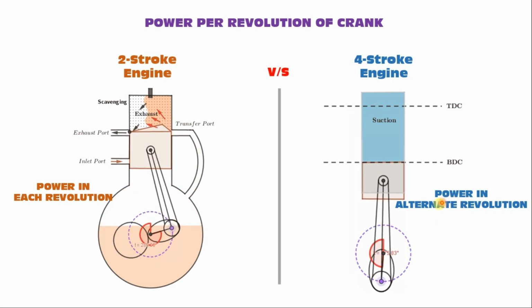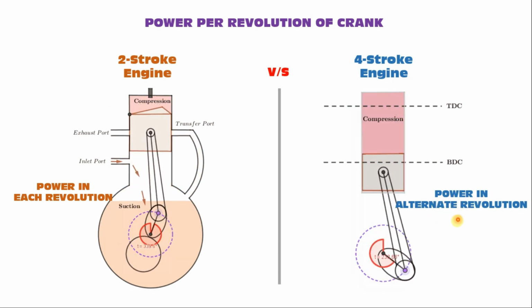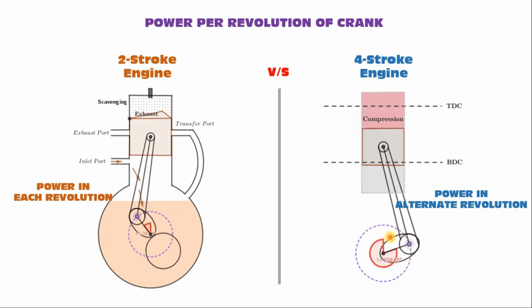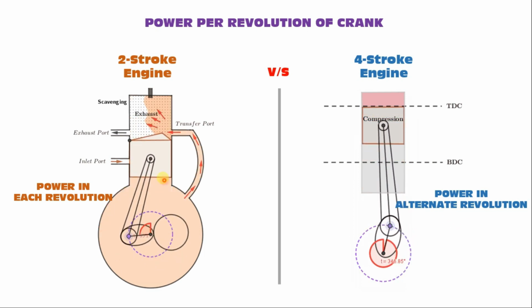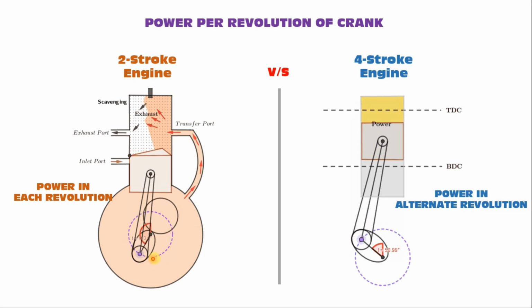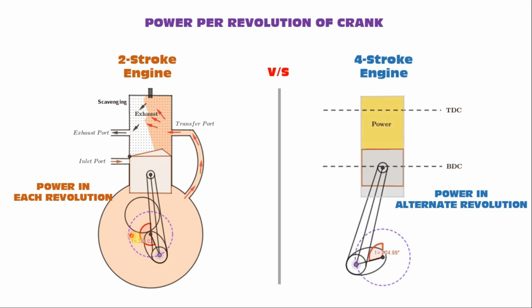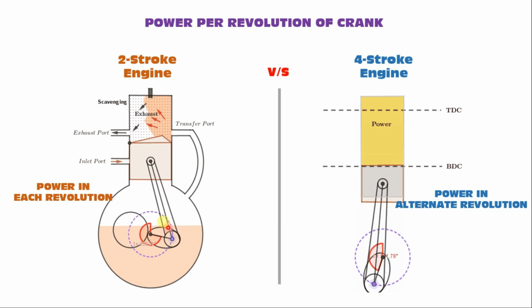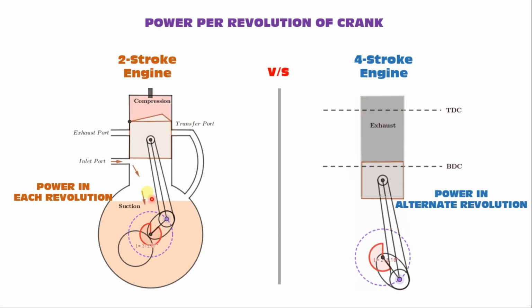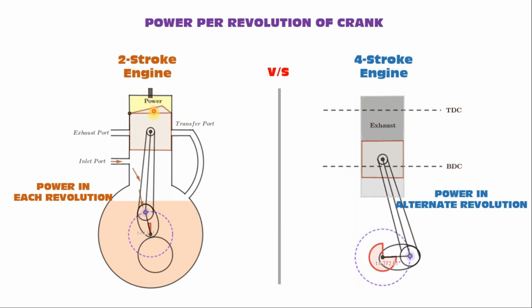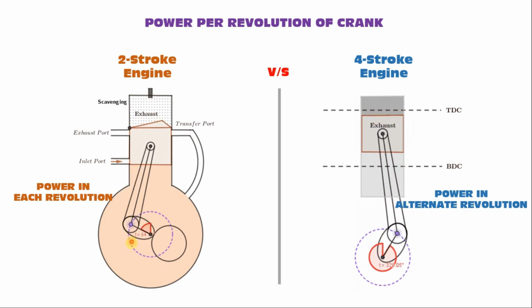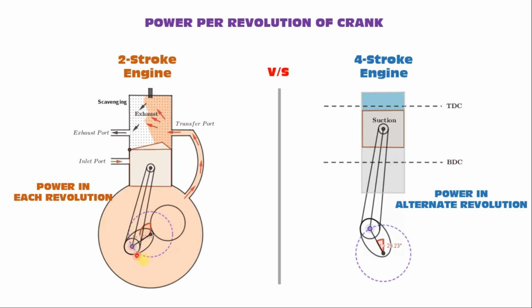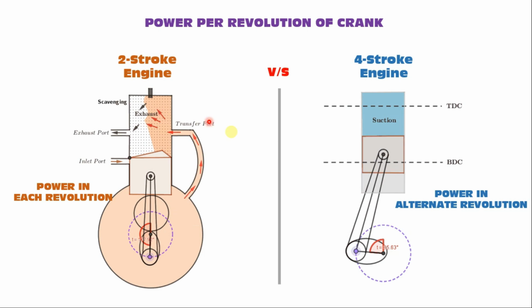So power is generated in alternate revolutions of crankshaft, while in case of a two-stroke engine you can see that in each revolution power is generated. This is first stroke, suction and compression, then second stroke. So in each revolution power will be generated in a two-stroke engine.